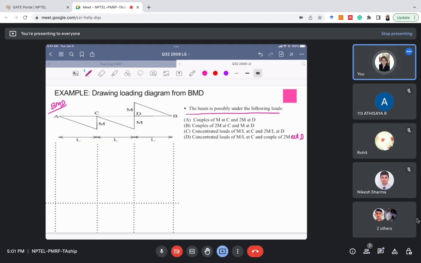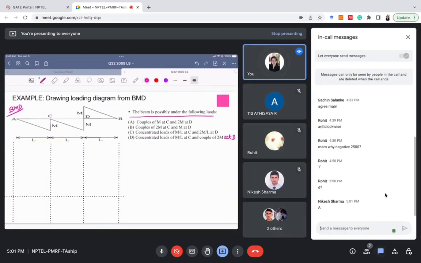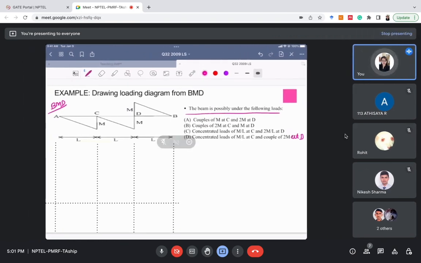If you tell me the answers, then I'll discuss the solution. Nikesh is saying A. And what about others? It is A. Okay, great.